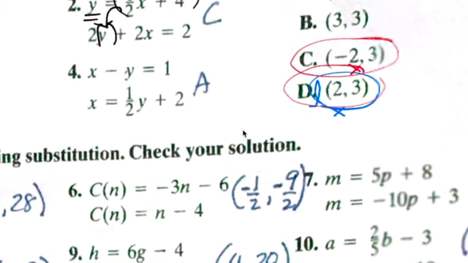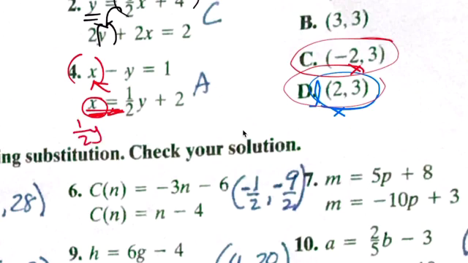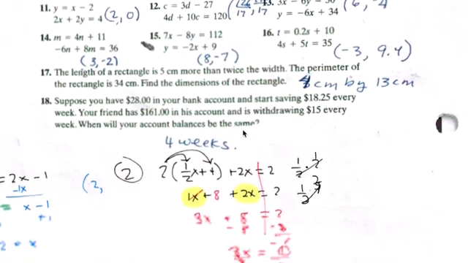Okay? And then 4, same way. This says x equals though. So in place of this x, right there, it says in place of x, you put this. So you put in, right in here, 1/2 y plus 2 minus this y, plus a negative, right? That's a negative 1y equals the 1, and then you solve it that way, okay?